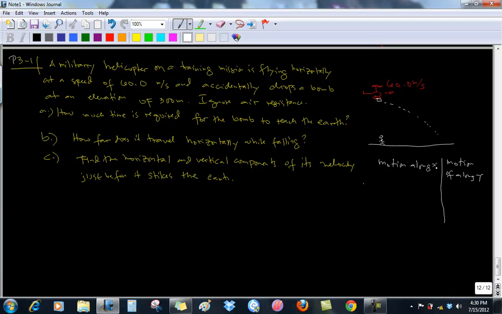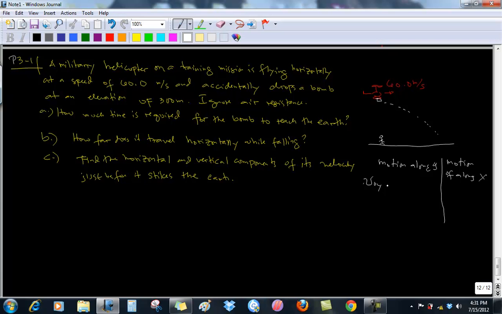We have motion along y and motion along x. Now, for along y, this is what? Constant acceleration. And we will have here the three equations that I usually write almost all of the time.